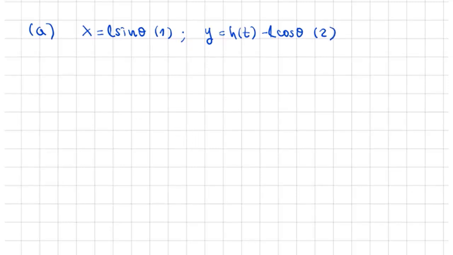The Cartesian coordinates are x equal L sine of theta, and y equal h as a function of the time minus L cosine of theta. We call these equation number 1 and equation number 2.